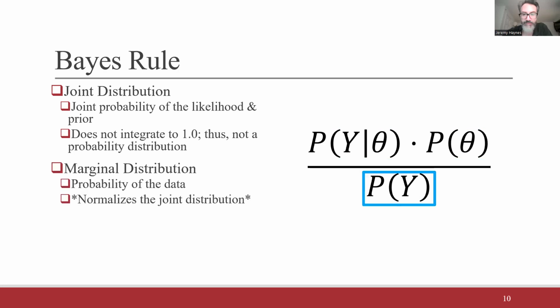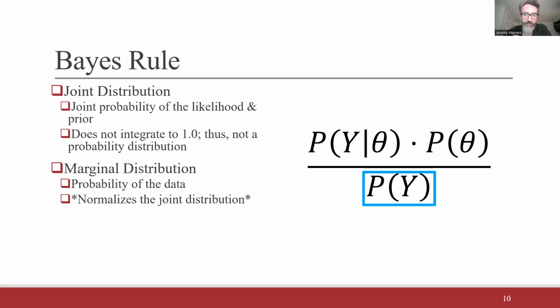This is why we need the denominator, the marginal distribution. This is, again, like I said, referred to as the probability of the data. Another name for it is the evidence. And essentially what the marginal distribution does is that it normalizes that joint distribution so that it can integrate to 1 and become a probability distribution. And that's how we get our posterior probability distribution.